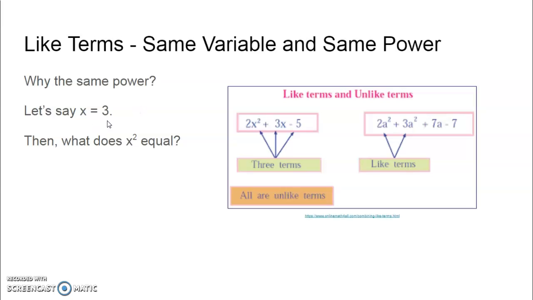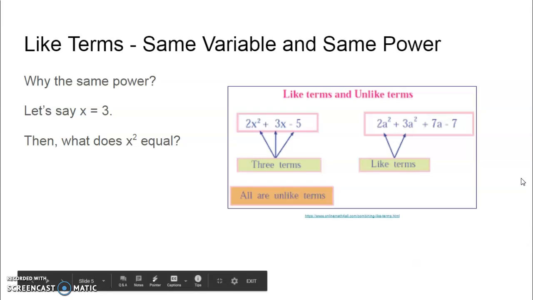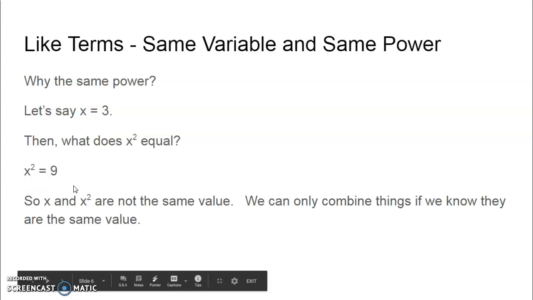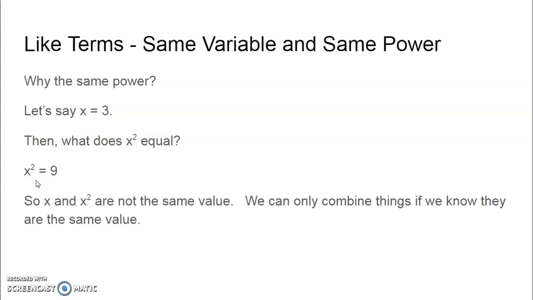All right, well, let's say x equals 3. Then what does x squared equal? Yeah, x squared equals 9. So then x and x squared are not the same value. We can only combine things if we know they are the same value. So that's why we have to have variables be to the same power.